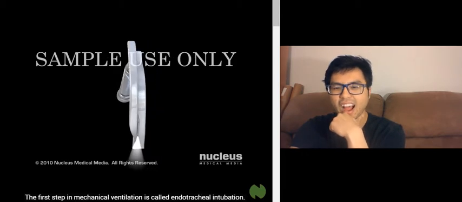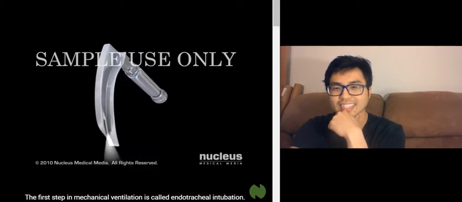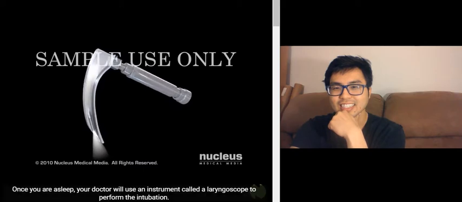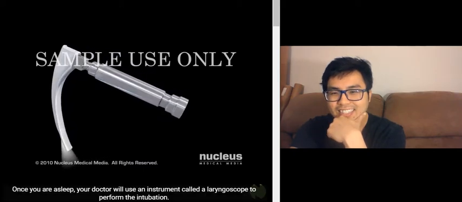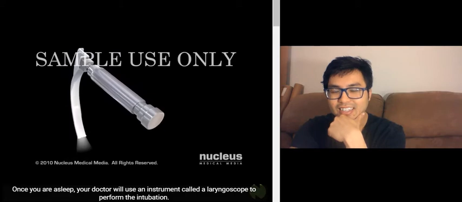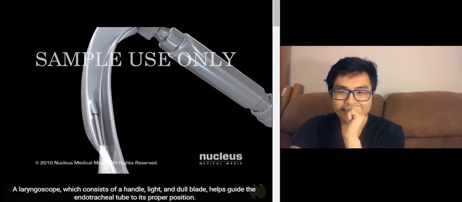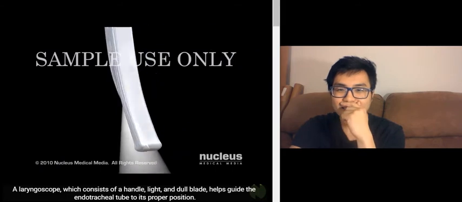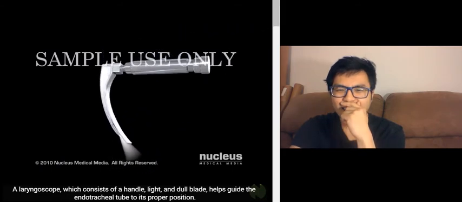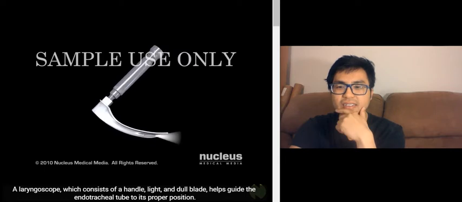The first step in mechanical ventilation is called endotracheal intubation. Once you are asleep, your doctor will use an instrument called a laryngoscope to perform the intubation. A laryngoscope, which consists of a handle, light, and dull blade, helps guide the endotracheal tube to its proper position.